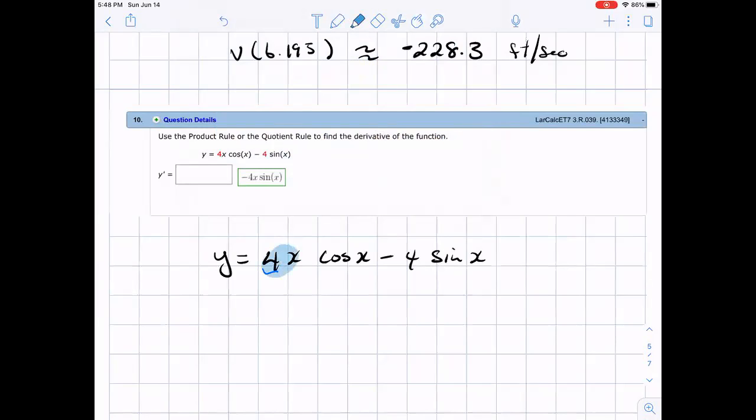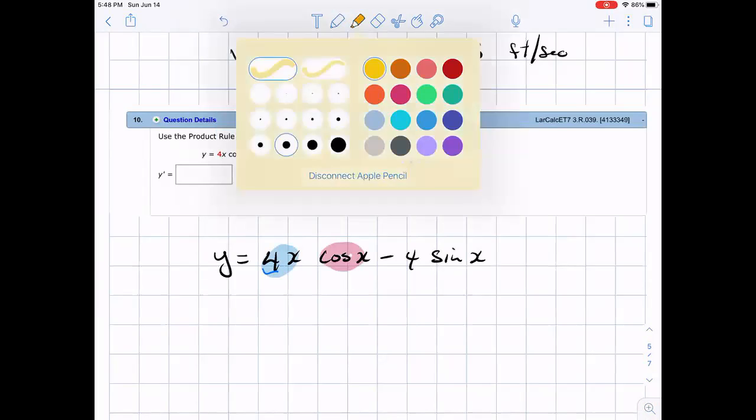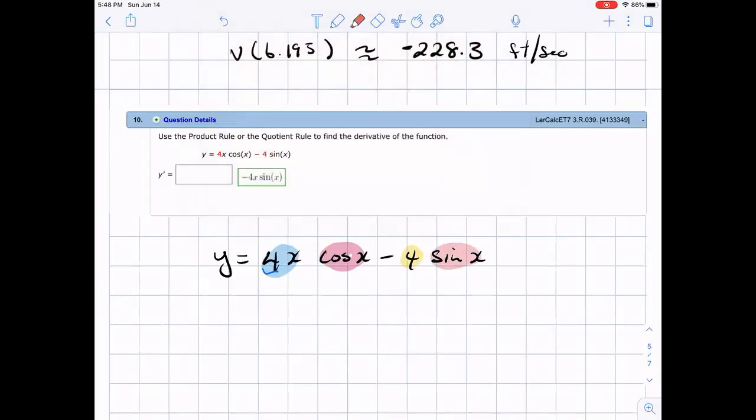Here we have one, and here we have another. If I call these h of x, g of x, p of x, and t of x.